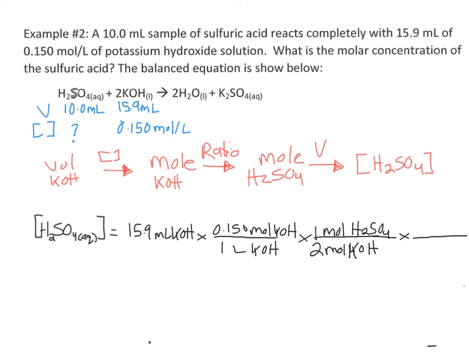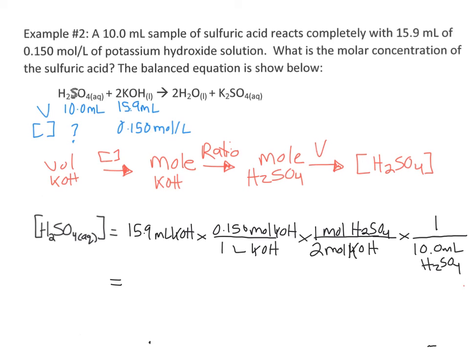and then we'll finish by converting that moles to a concentration. We just take our volume of 10 mL. I'm just going to squeeze in H2SO4 here, and we just put it under 1. So often we ask, do we have to convert our volume units here to liters?